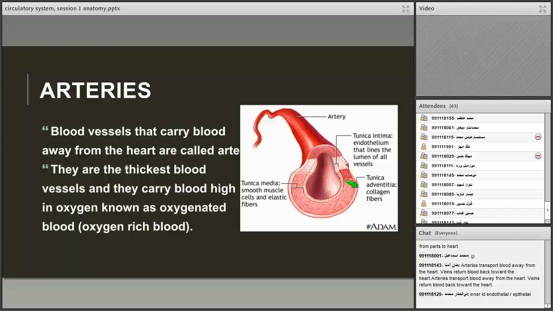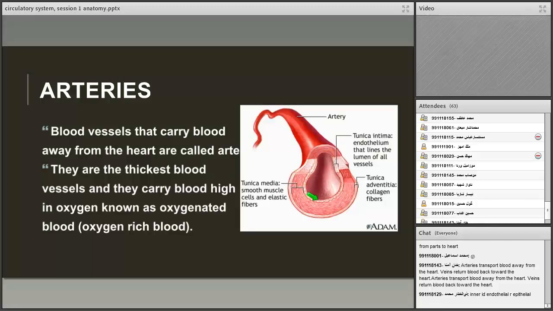Yes, the inner part are the endothelial cells here. It's a layer of cells called endothelial cells. In the arteries, there is a firm junction between the endothelial cells.